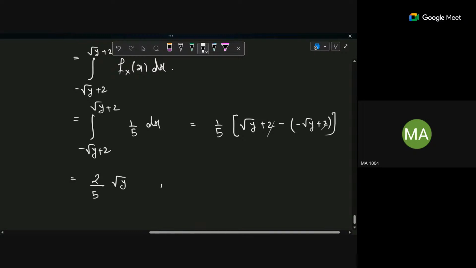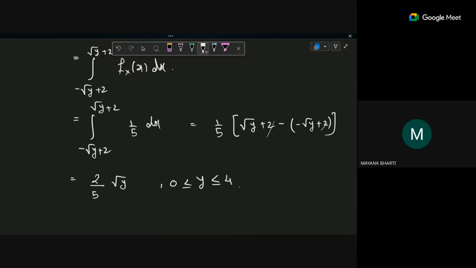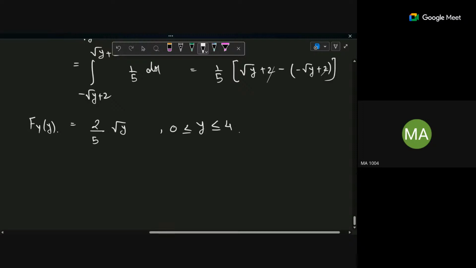For what values? 0 to 4. Okay, this is the CDF of y for y ranging between 0 to 4. Now, when y will start taking values 4 to 9, what will be my x values? 4 to 5, right? Yes, ma'am.